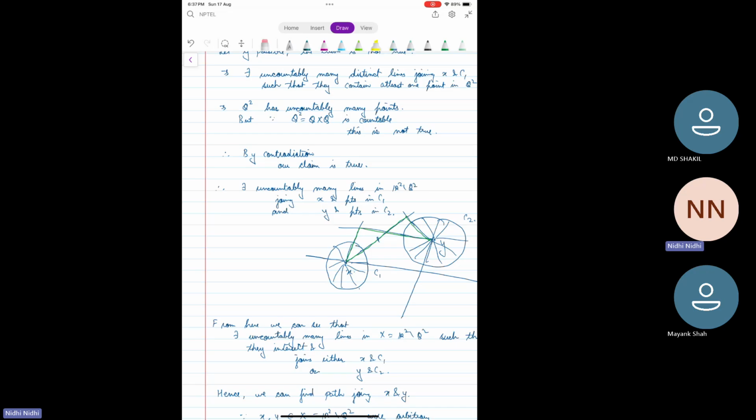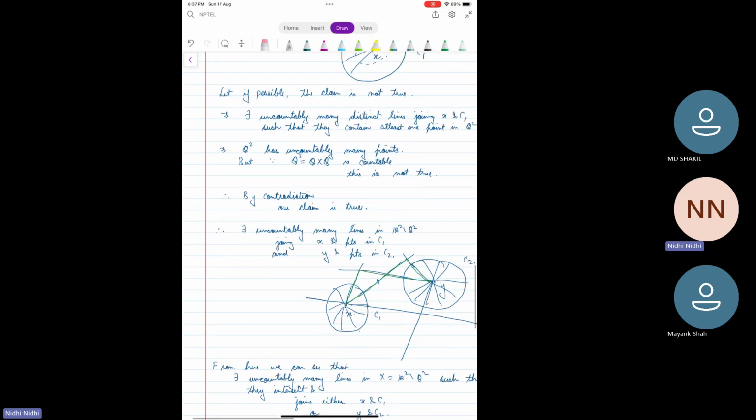Yes, in Q2. I think for that, maybe we can again go through the same arguments, because we have uncountably many options.